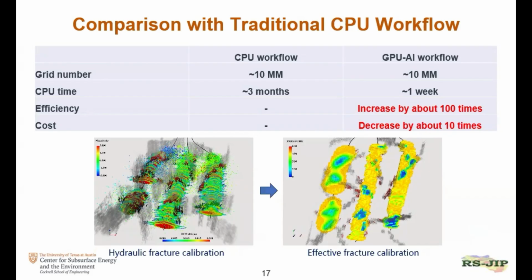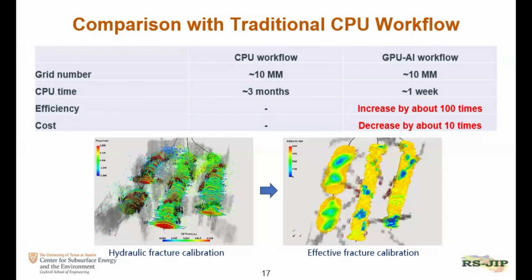And for the conventional workflow, for 10 million grid blocks, even a single simulation run, I believe it would take several days to finish. And the efficiency gain by our GPU AI workflow can reach about 100 times. This is including the base case running and also the calibration run.